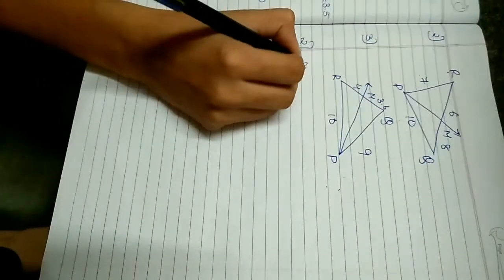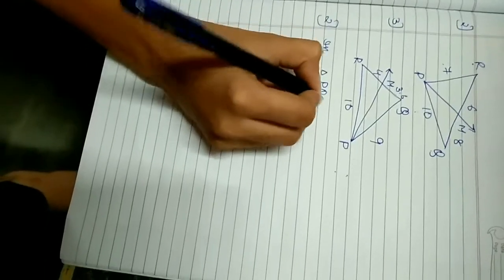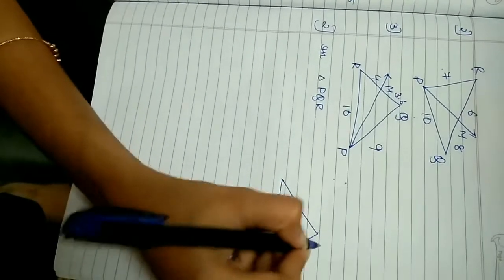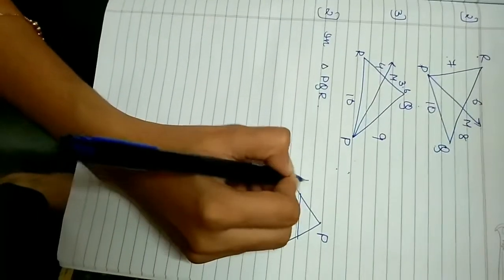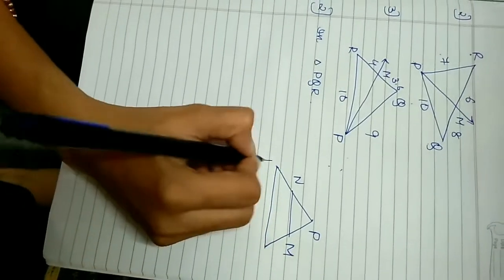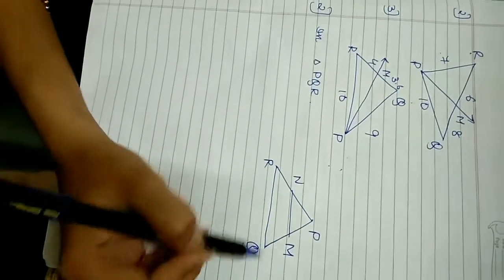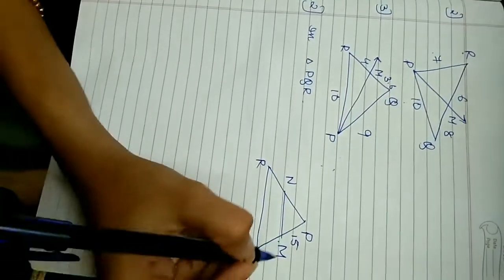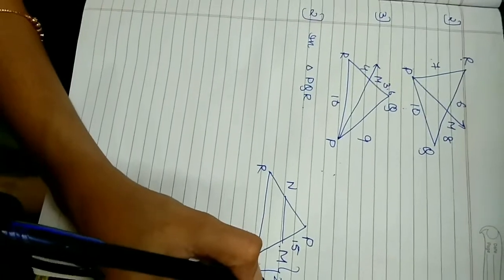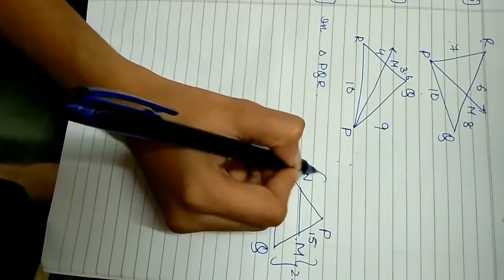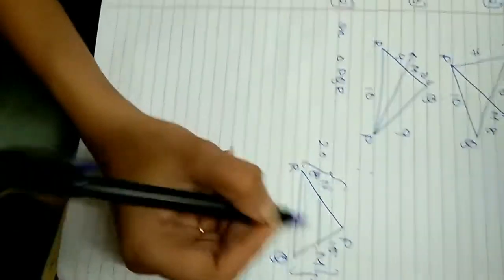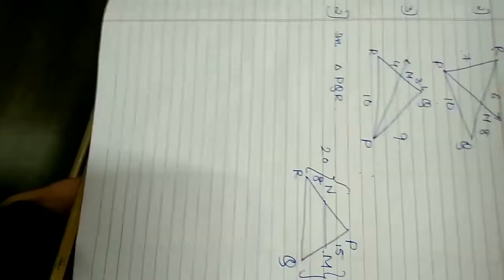Second sum, in triangle PQR, PM is 15, PQ is 25, PR is 20 and NR is 8. Select whether line MN is parallel to side RQ.